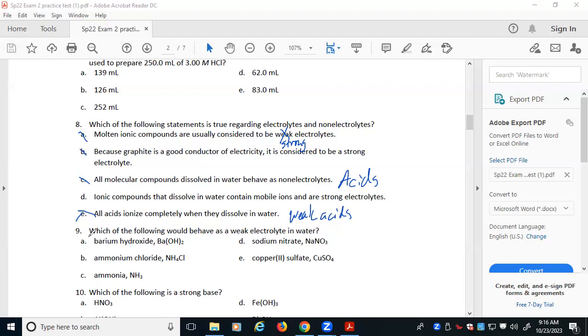Why do we always split it apart? Because those ions separate from each other. And in water, separated ions are mobile. They're going to move. And that's what allows electrical conductivity to exist. So strong electrolytes would result from those. So D would be our correct answer.